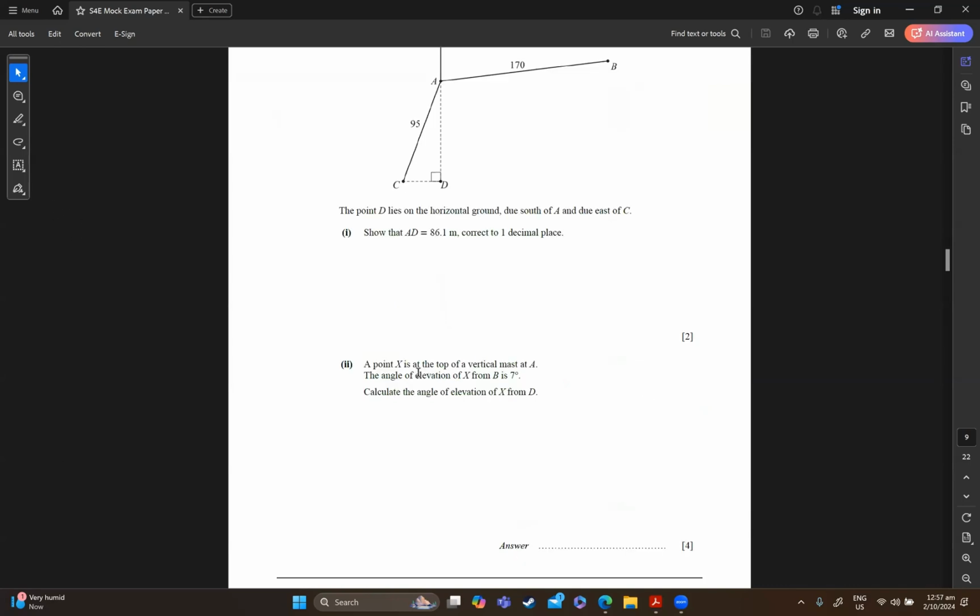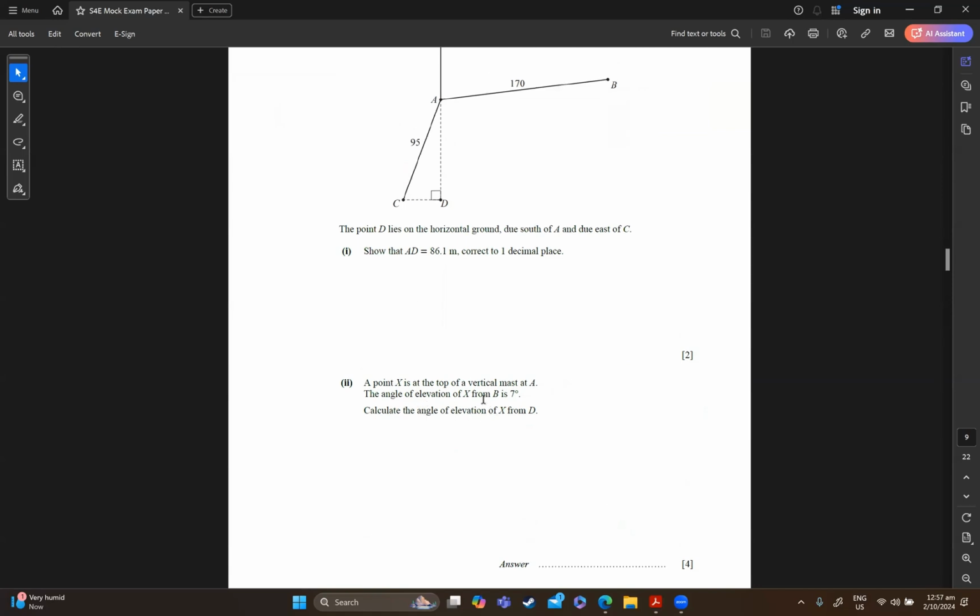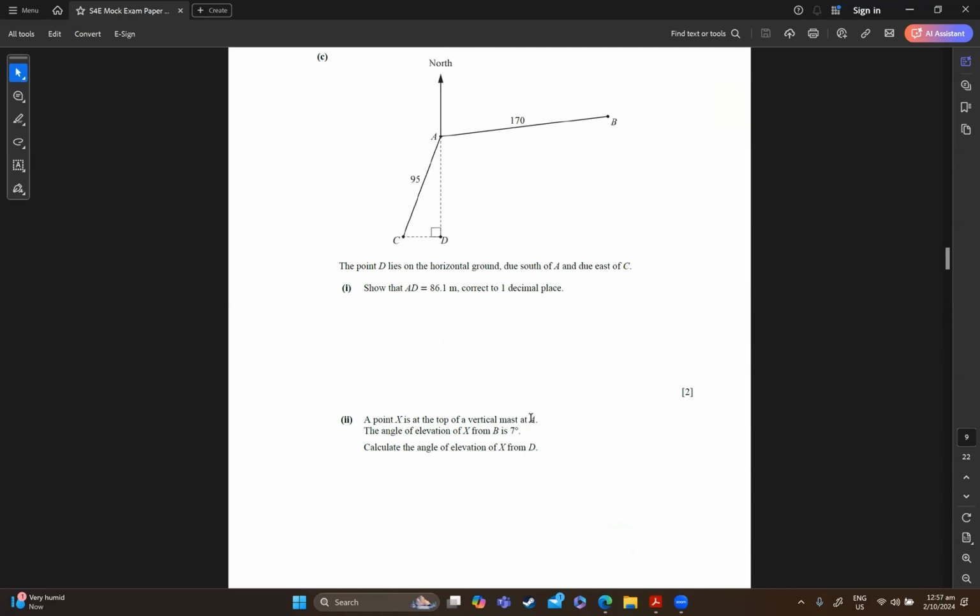Okay, part two. A point X is at the top of a vertical mast at A. The angle of elevation of X from B is 7. Okay, so for this type of question, what I want you to do is place your pen at point A. The top of your pen is the point X. So it's like a 3D role.